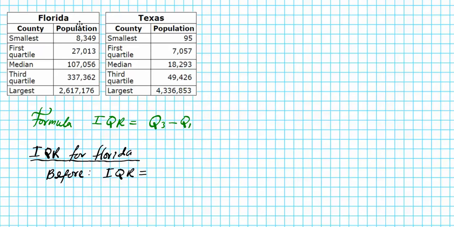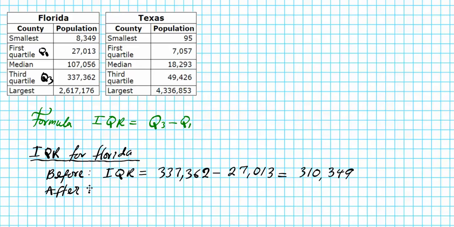So if you look at your stats here, Q3 for Florida is 337,362 minus 27,013, the first quartile. So this is Q1 and this is Q3. If you subtract with your calculator, you end up with 310,349. Now, what happens after the move, after the 8,000 plus people moved into the smallest county in Florida?